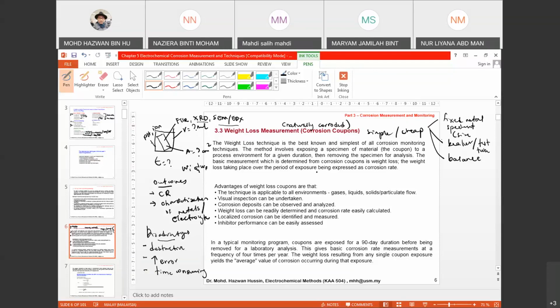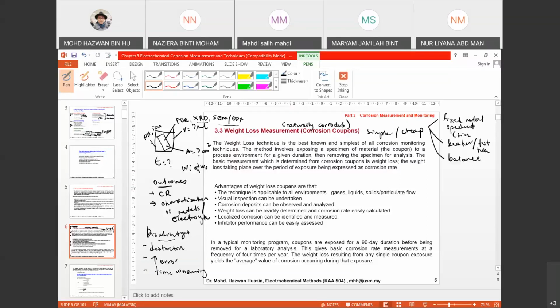Naturally corroded, so you cannot see the difference within a few minutes. For a naturally occurring process, it still needs time.